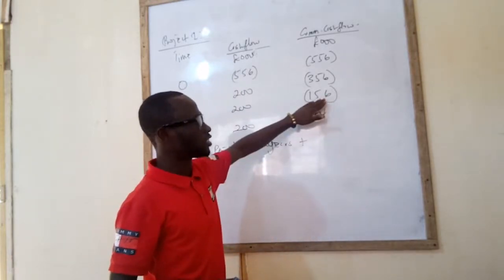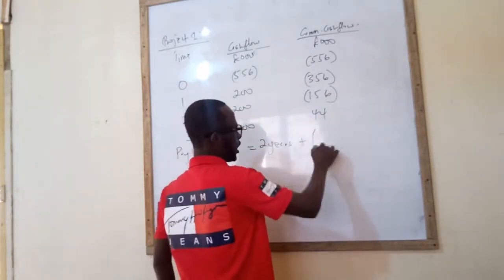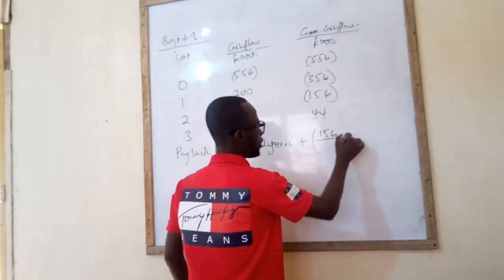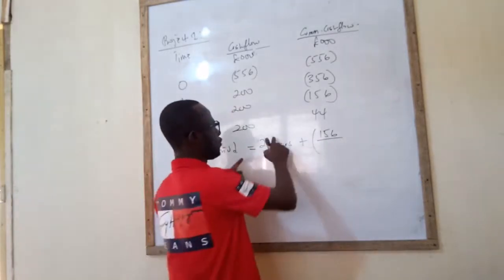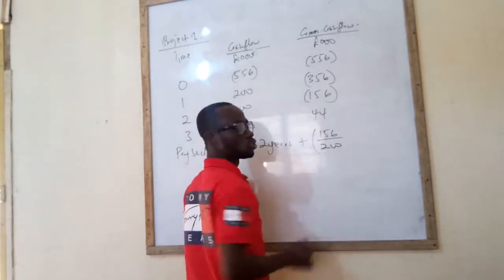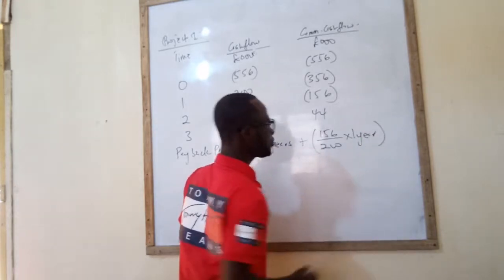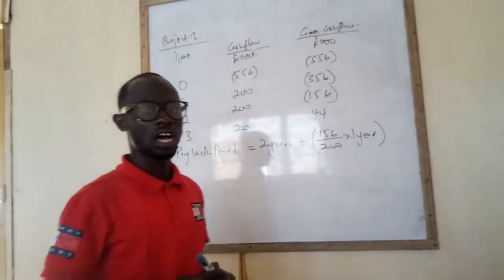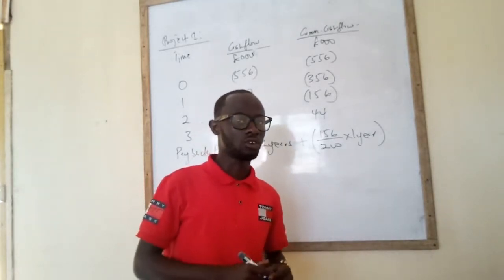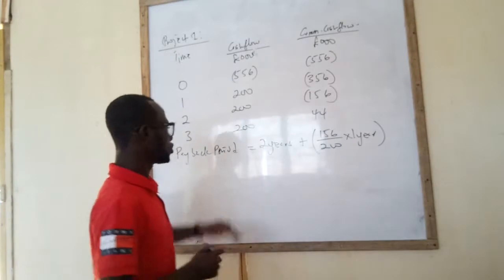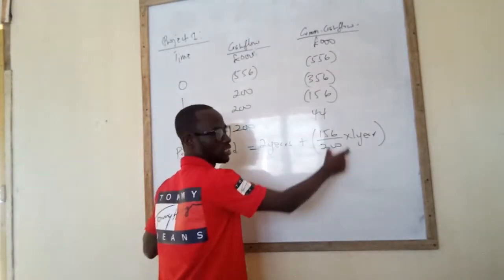We are going to ask ourselves how much was left before the cash flow came in, and it was 156 divided by how much cash flow came in for that period for it to go to positive, and it was 200, and then we multiply it by 1 year. So looking at how we can determine the cash flows of the company, the payback period of the company is going to be 2 years plus this one.